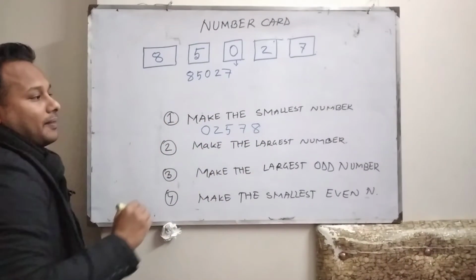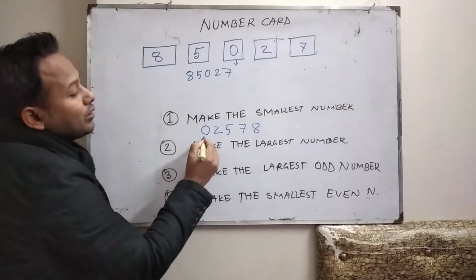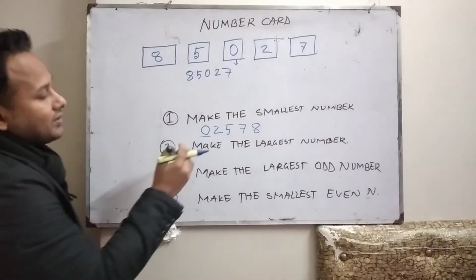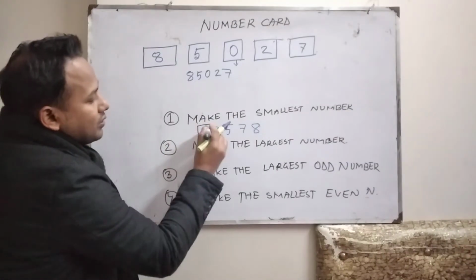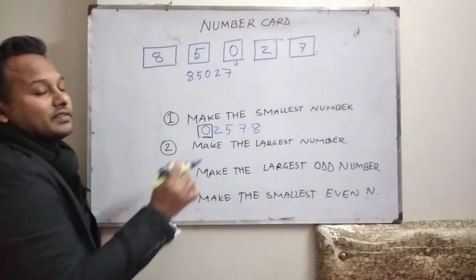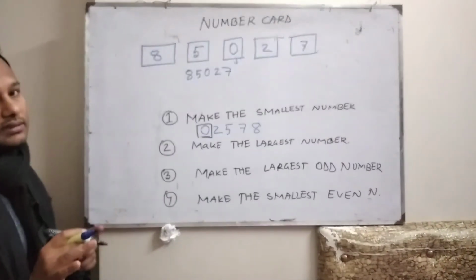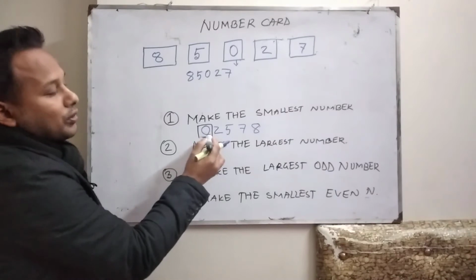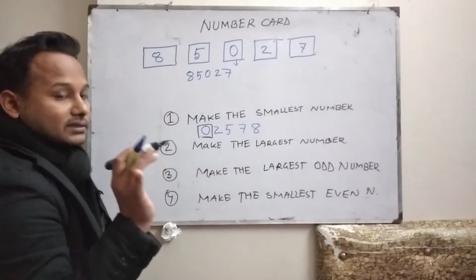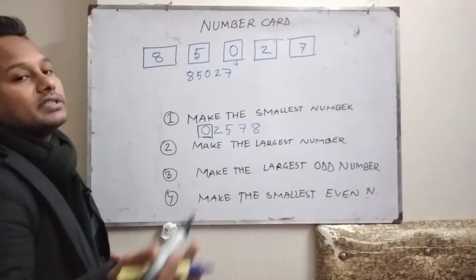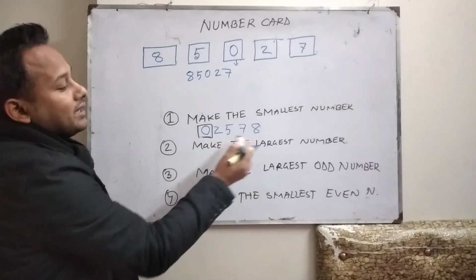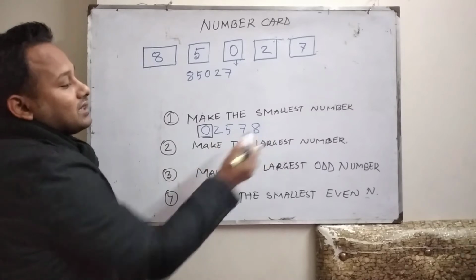But one thing, that is 0 in the very left. As you can see, 0 in the very left, 0 doesn't make any sense. If you put 0 in the very left, 0 makes no sense, and then the number becomes only 2578.